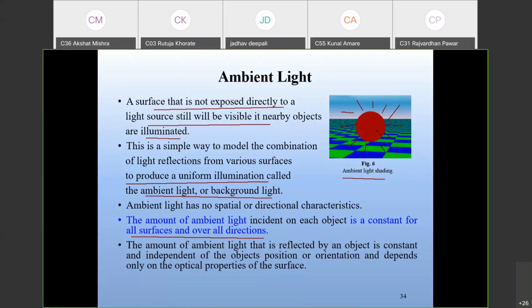The amount of ambient light that is reflected by an object is constant. The amount of ambient light incident on each object is constant, and that's why the amount of ambient light that is reflected is also constant. So this object also reflects some light, correct? That reflected light is constant and independent of the object's position or orientation, and depends only on the optical properties of the surface.